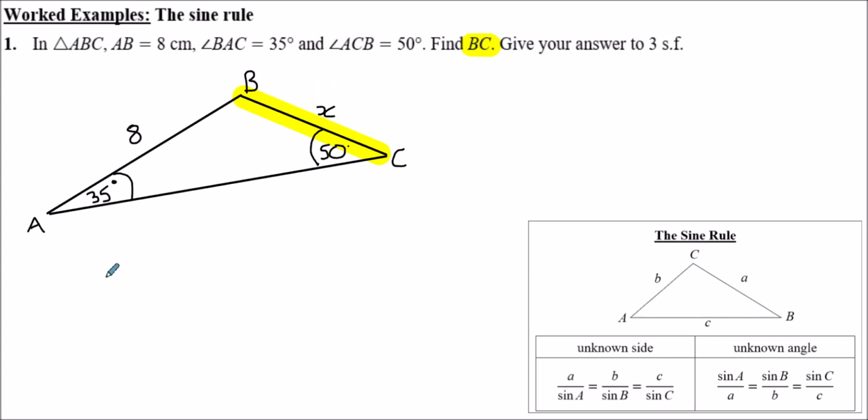If I want to find a side, the side I want to find divided by the sine of an angle, the angle opposite to it, equals another side I know, which is 8, divided by the sine of the angle I know opposite to that one, which luckily I do know, which is sine 50.